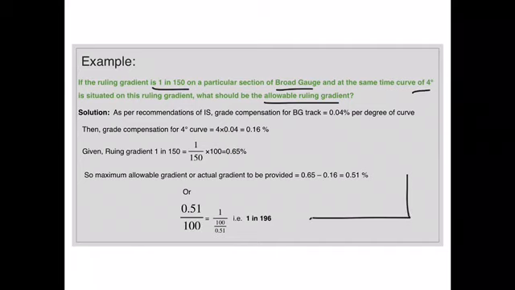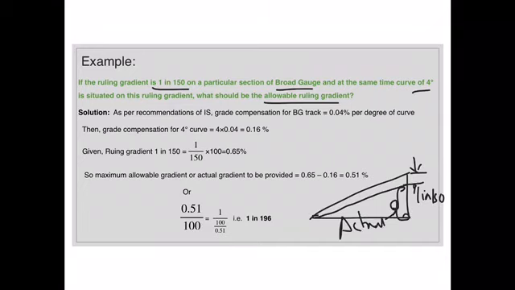The ruling gradient is given as 1 in 150, but there is also a curve of 4 degree. Whenever there is a combination of gradient as well as curve, we have to slightly reduce the gradient provided. That is the grade compensation. Now they are asking to calculate the actual gradient that is provided.